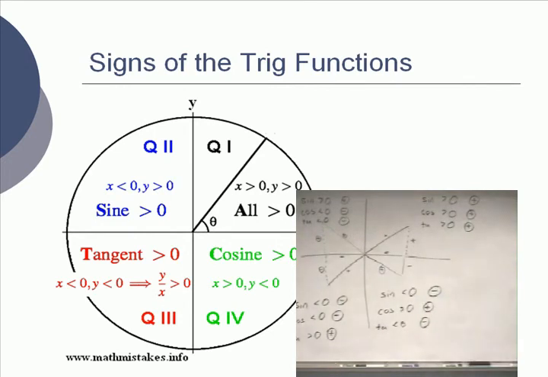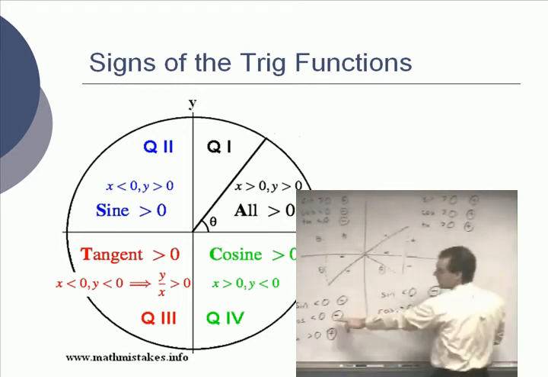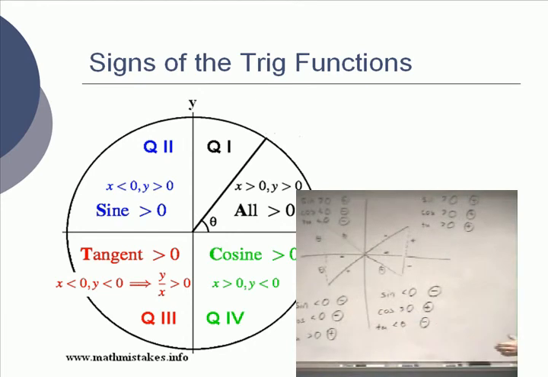Now, there's a whole bunch of patterns in there. If you look at those 12 signs, there's several patterns in here. First of all, notice that for any trig function, just look at sine, for example, there's two quadrants where it's positive and there's two where it's negative. Sine is positive up here but negative down here. What about cosine?